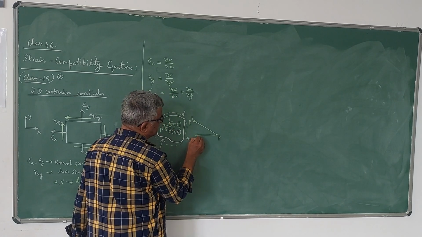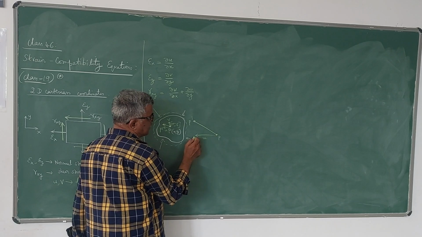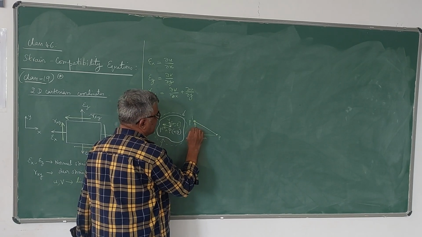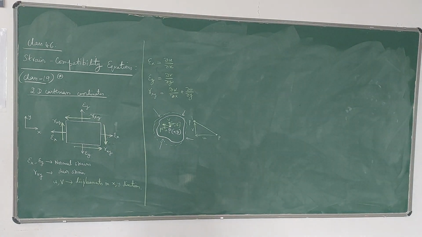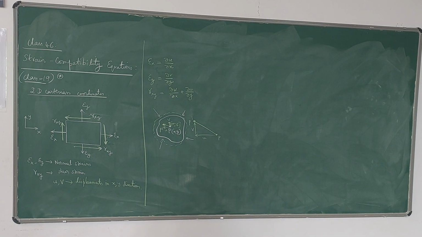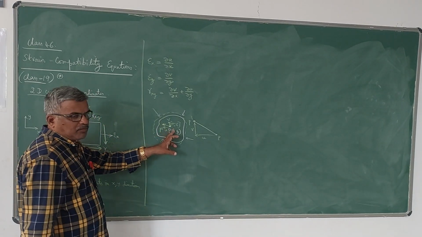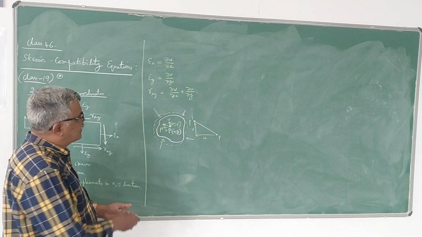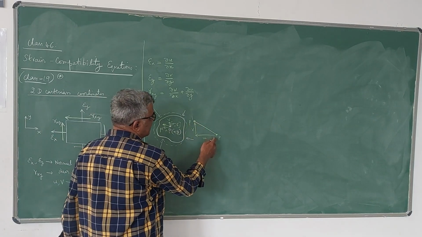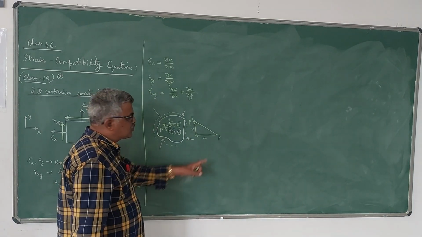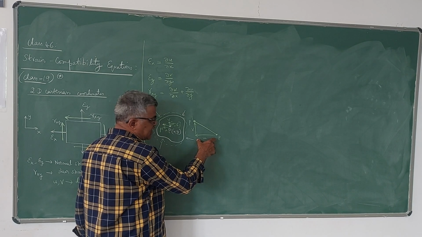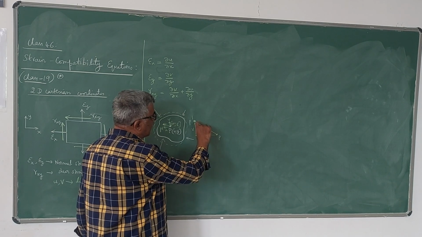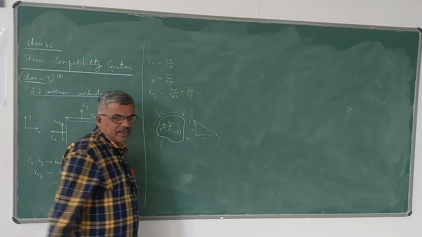This horizontal displacement, whatever it has displaced, is u. All the points will be displaced when the body is subjected to external forces. Stresses and strains will develop at that point, and if P goes to P dash, in the x direction the displacement is u, and in the y direction the displacement is v.